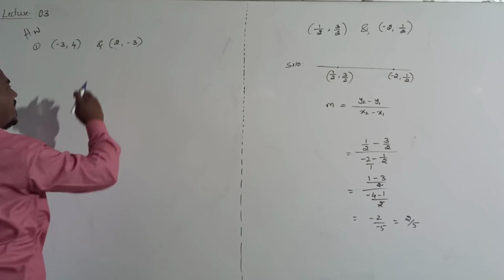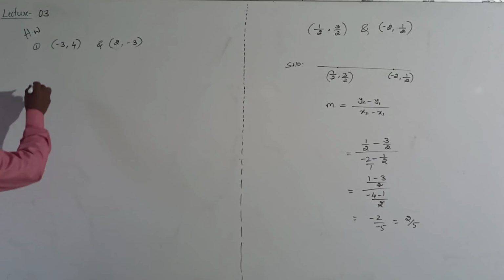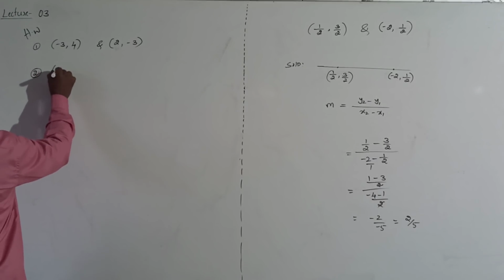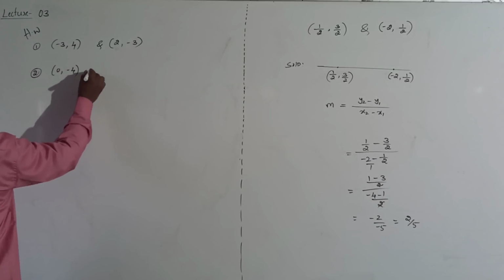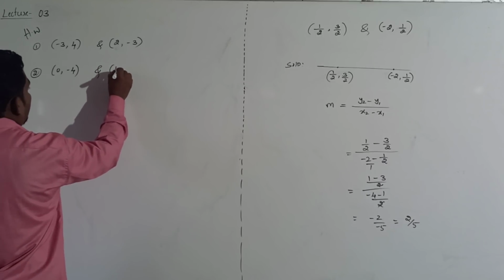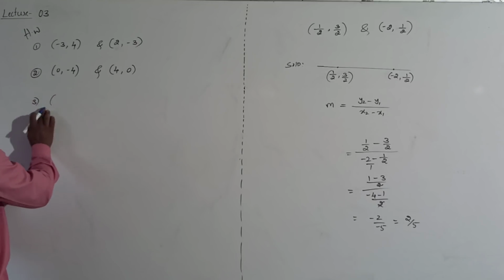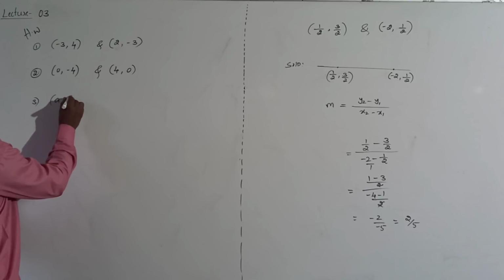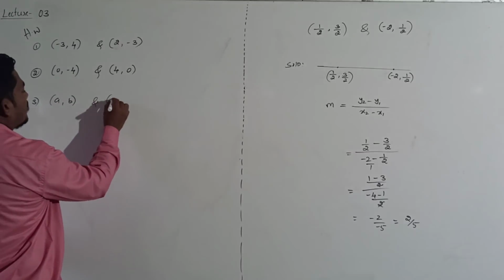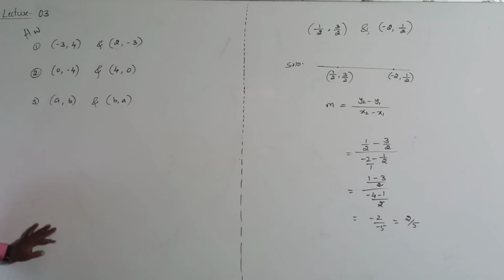Second one, 0 comma minus 4 and 4 comma 0, slope of line joining these points. Next problem, a comma b and b comma a, slope of line joining these 2 points.